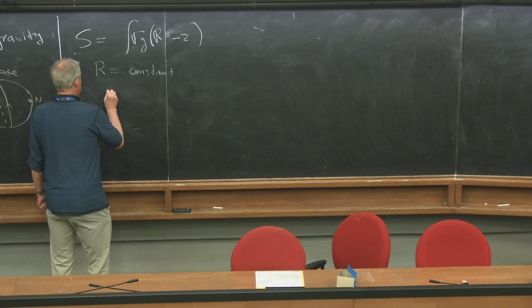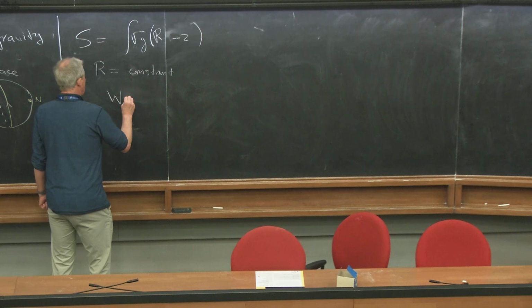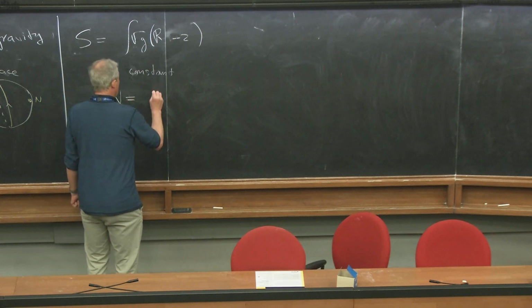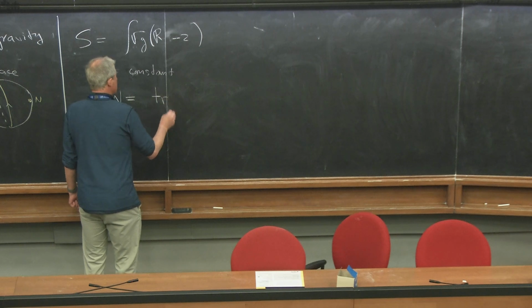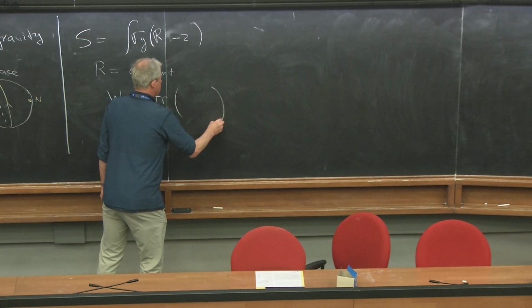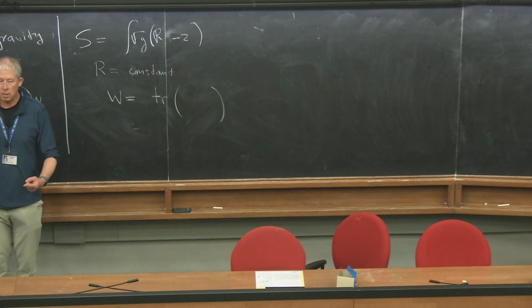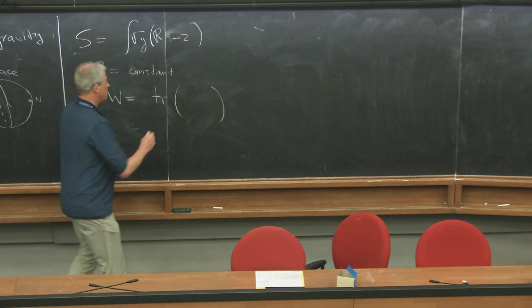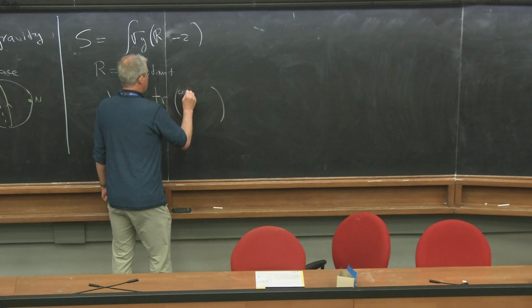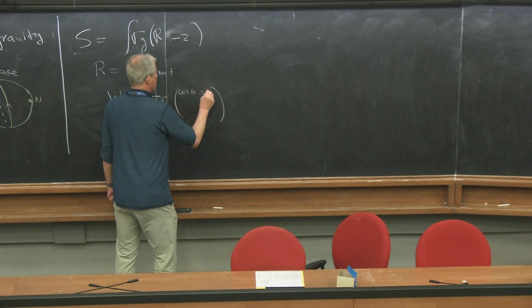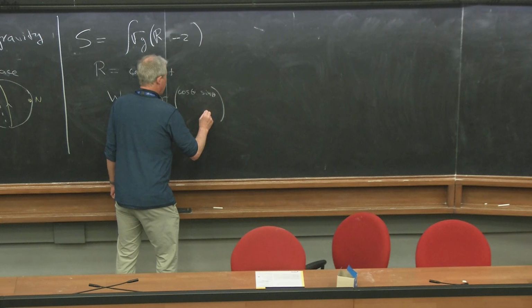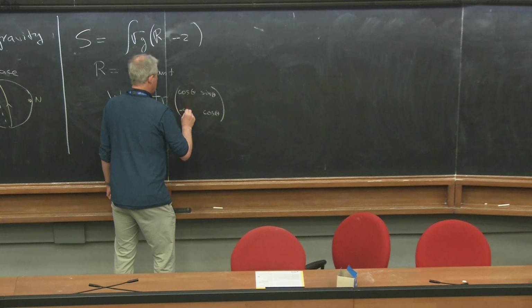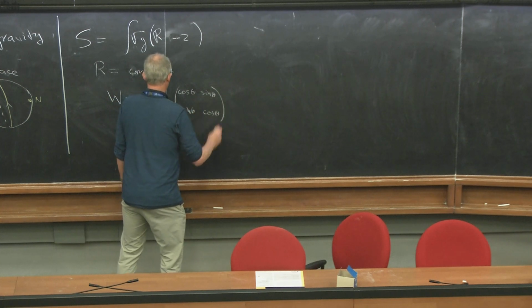And so I'm going to introduce an observable that I call W, which is basically the trace of the rotation matrix that I have to perform if I go around the equator. So there's some rotation matrix, cosine theta, sine theta, minus sine theta, cosine theta. Over here, it's a 2 by 2 matrix.